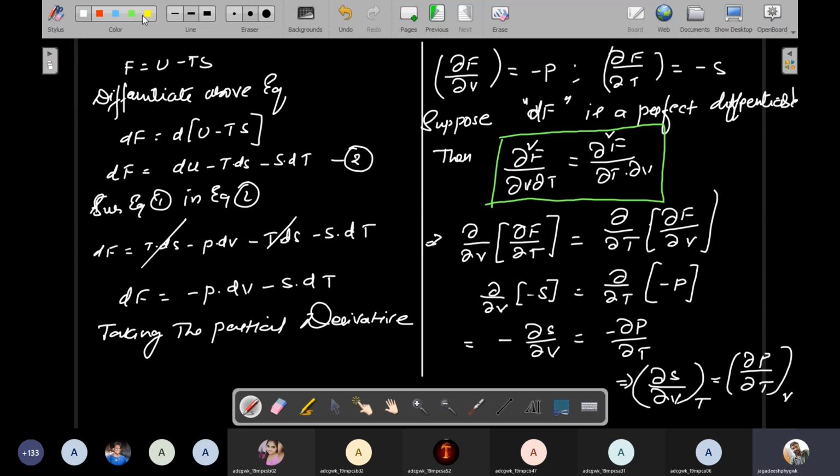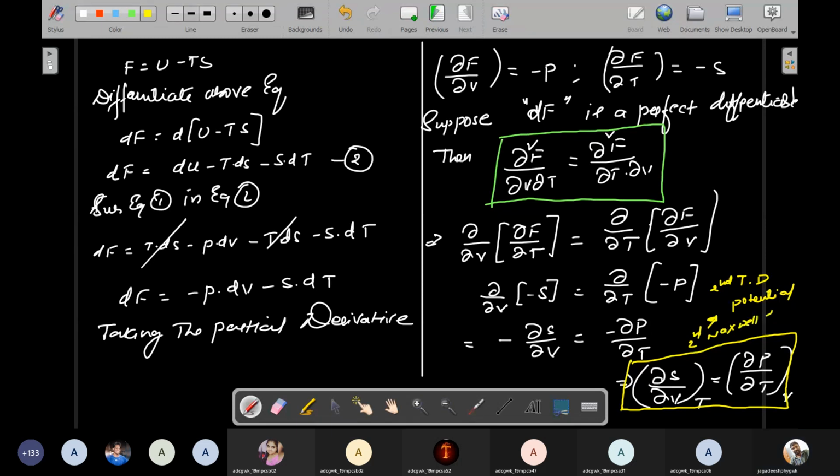This is the second thermodynamic potential, or the second Maxwell's equation.